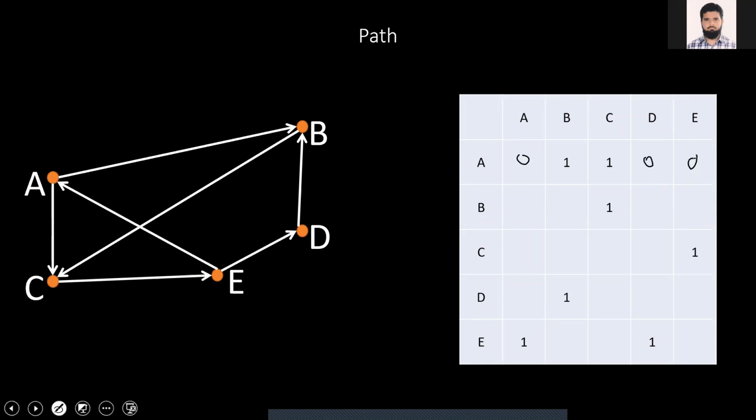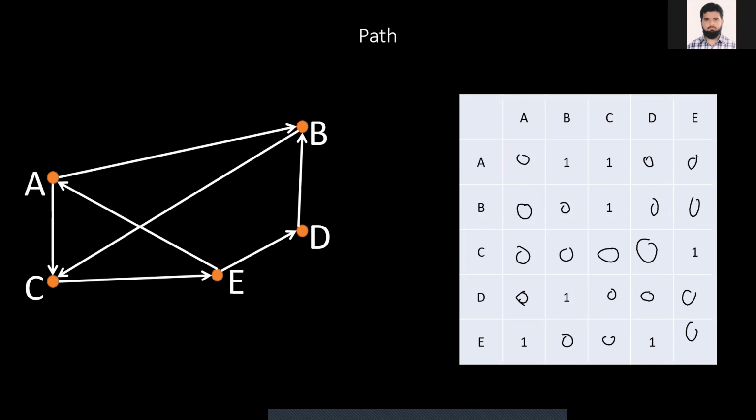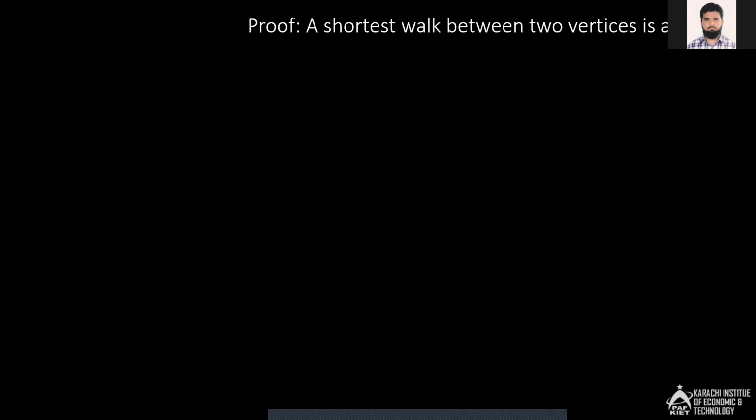What it says is that there is no edge going from B to A, there is no edge from B to D, and there is no edge going from B to E. Similarly, there is no edge going from C to A, or C to B, or C to C, or C to D. There's only one edge going from C to E. So you put zeros where there are no edges, and where there are edges, you put a 1. So this can very well be represented using a 2D array in a computer program.